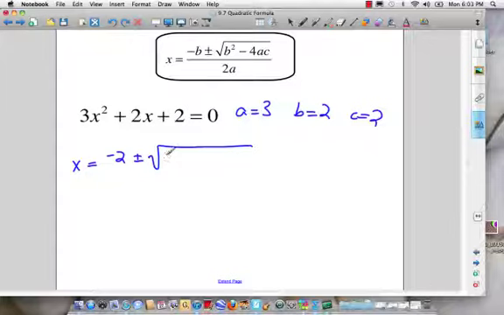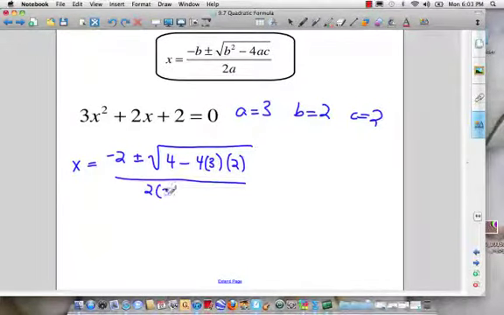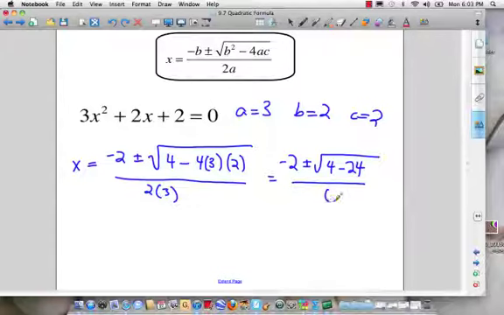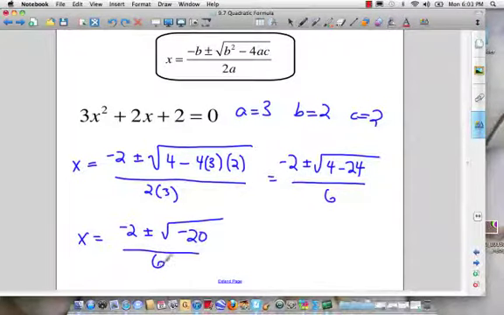I'm going to actually square b, that's 4, minus 4 times a times c all over 2 times 3. All right, let's simplify this. -2 plus or minus the square root of 4 minus 4 times 3 is 12, and 12 times 2 is 24. All over 2 times 3 is 6, or -2 plus or minus the square root of -20 over 6.